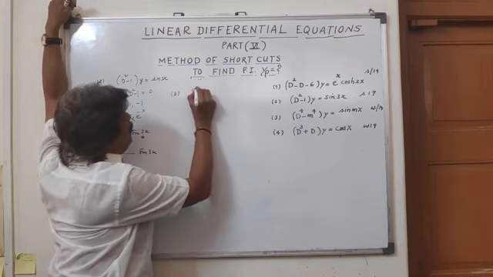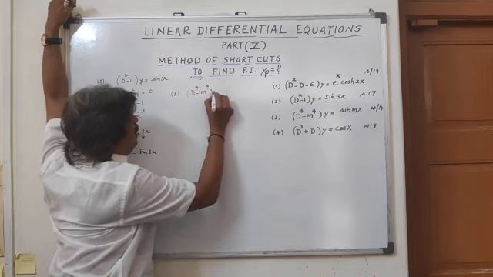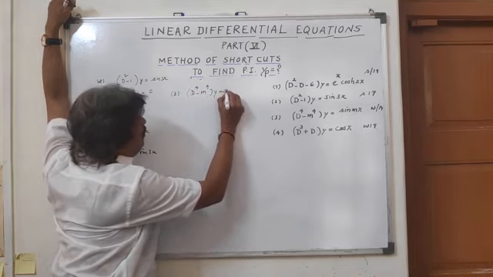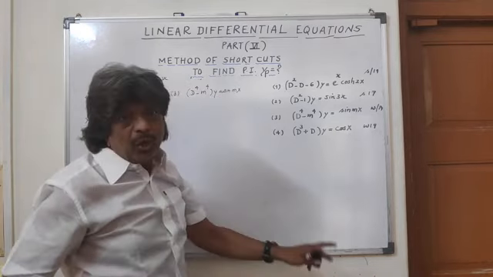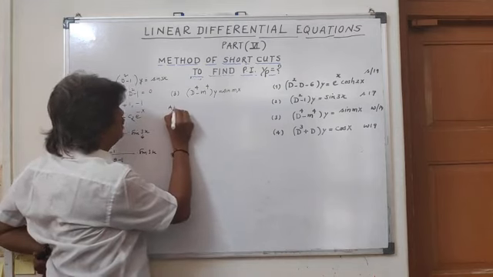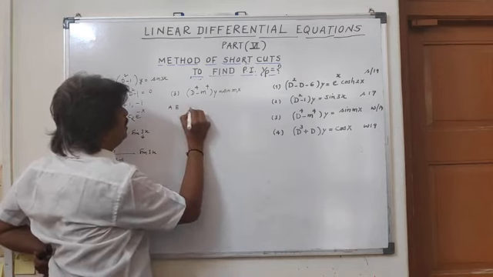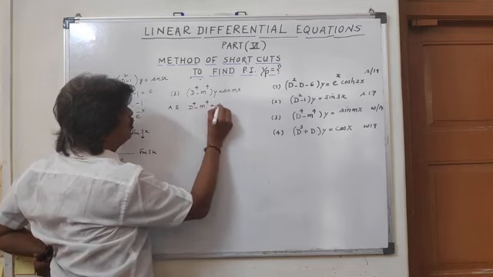d raised to power 4 minus m to the power 4, this is f of d, into y is equal to sine of mx. This was asked in winter 2014. F of d equal to 0, the auxiliary equation. The auxiliary equation is d raised to power 4 minus m raised to power 4 equal to 0.